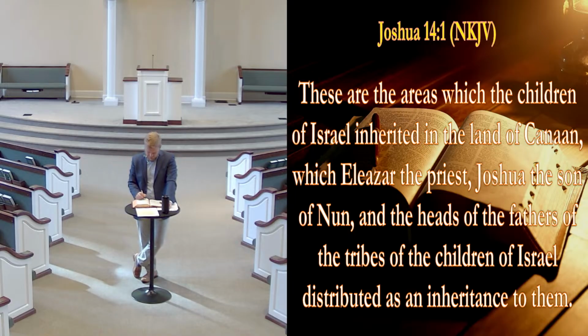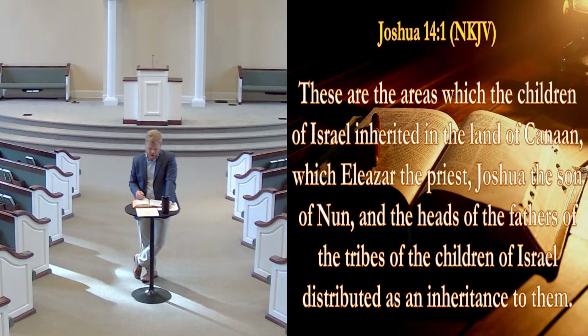Here you have those that gathered and divided the land, which Eleazar the priest, Joshua the son of Nun, and the heads of the fathers of the tribes of the children of Israel distributed as an inheritance to them.